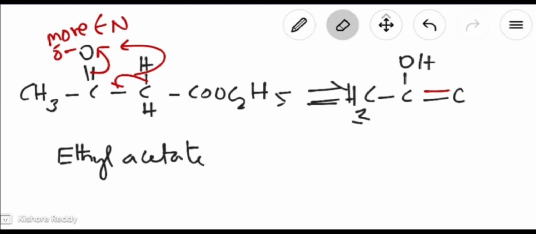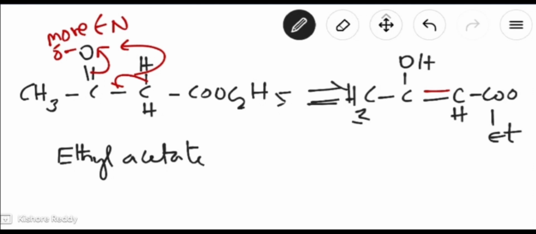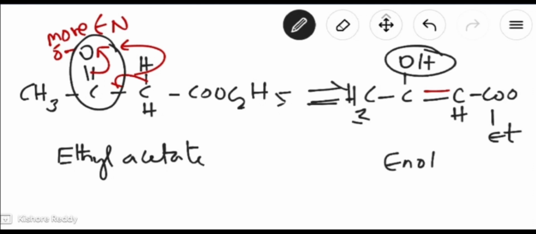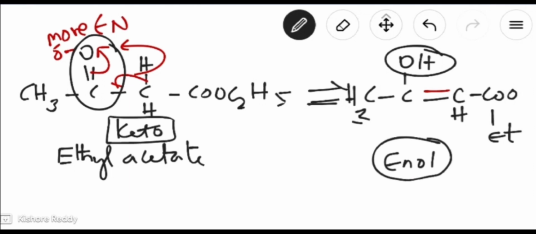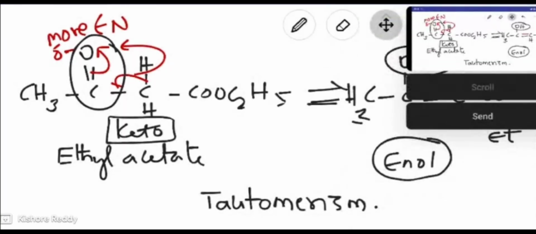Once again, H was there. COO C2H5, nothing but ethyl. So this is called as enol, and this is called as keto group, and both are having same molecular formula, and they are existing in keto-enol isomers. So the isomers are called keto-enol isomers or tautomers, and the phenomenon is called as tautomerism. Any doubt in this? So we have taken 3 examples. Are you clear?